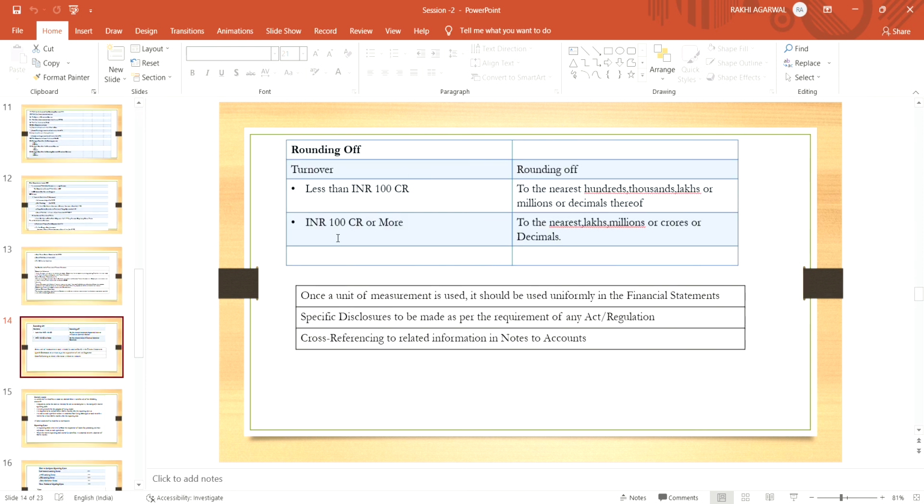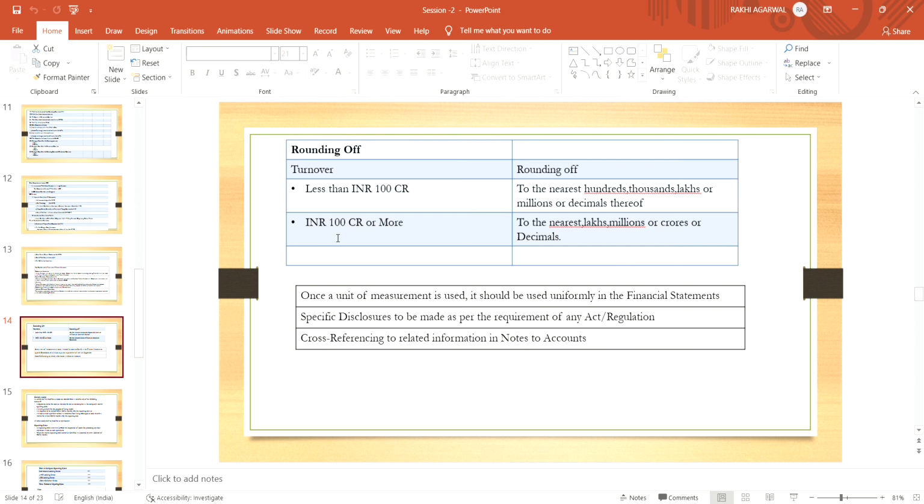Rounding off is also very important. If the company has a turnover less than 100 crores, then we will round off to the nearest hundred thousands or lakhs or millions. But if the company's turnover is more than 100 crores, we will round it off in lakhs, millions or crores.